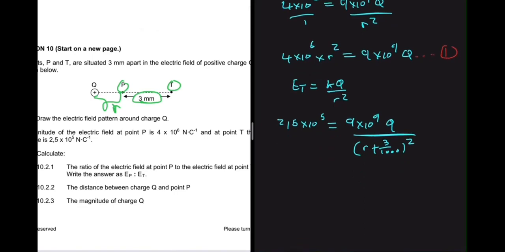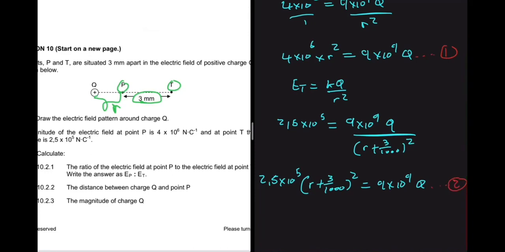Therefore, if we cross multiply here, we should get 2.5 times 10 to the 5 multiplied by R plus 3 divided by 1,000 squared being equals to 9 times 10 to the power of 9 multiplied by Q. And then what are we calling this one? We're calling this one equation 2.